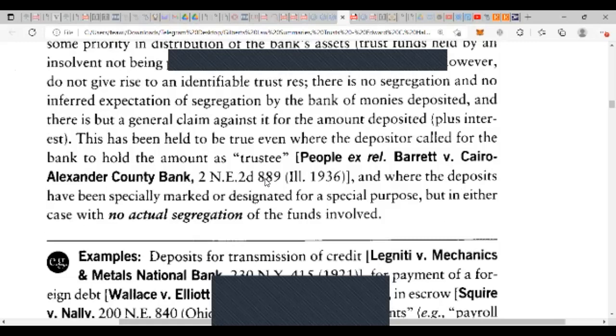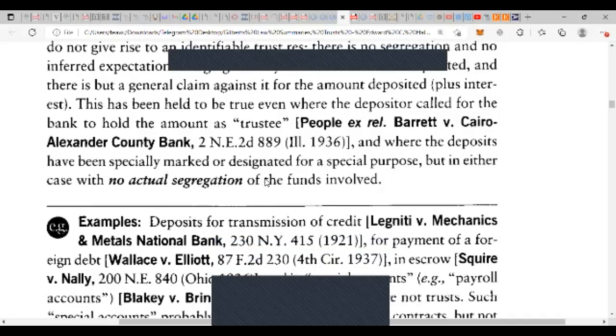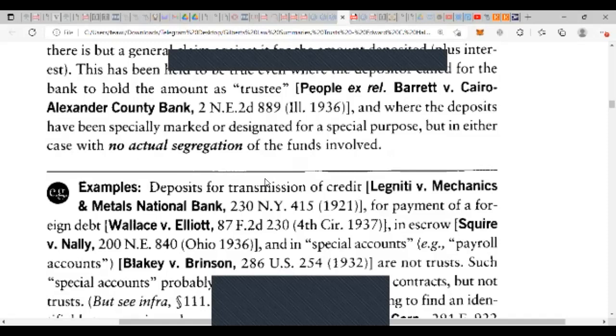This has been held to be true even where the depositor called for the bank to hold the amount as trustee, People ex rel. Barrett versus Carroll, Alexander County Bank, 1936, and where the deposits have been specially marked or designated for a specific person or purpose, but in either case with no actual segregation of the funds involved.